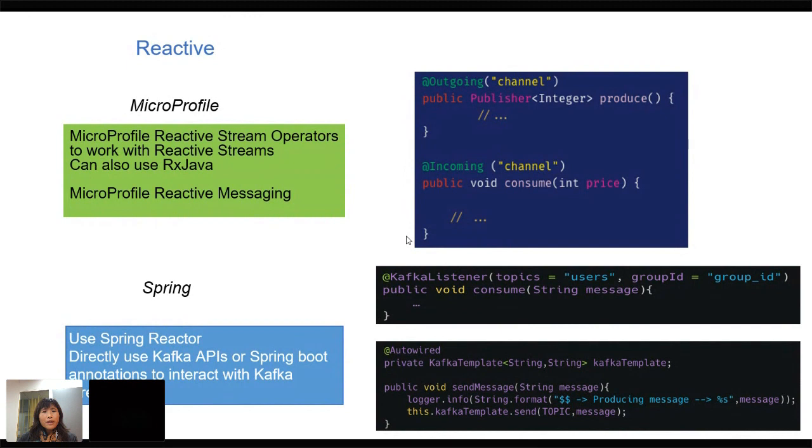Also, you can use RxJava, these reactive programming APIs. In Spring, there is also quite good support for Kafka. In the code snippet on the top, you have a Kafka listener. Basically, this is a Kafka consumer. You can consume from the topic users, and the consumer group is group ID.